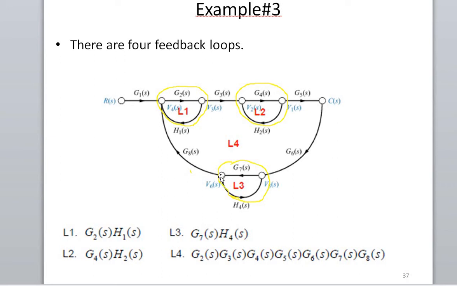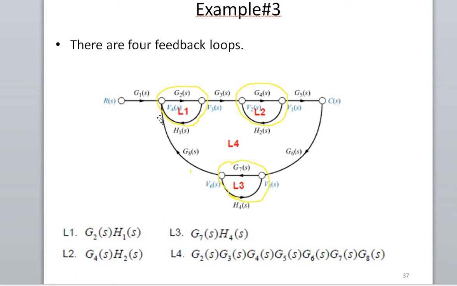It starts through the branch H4 from V6, reaches V5, and returns back through the path G7(s). So the loop L3 has the transfer function G7(s) into H4(s).